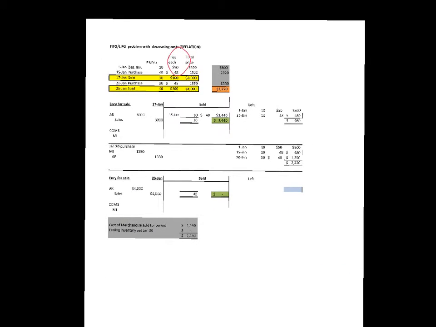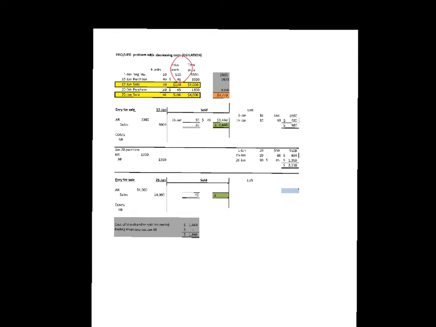So I'm basically pulling down the first two lines from here. I have 10 at 50, 10 at 48, I recopy it, and I purchased another 30 at 45, and so I add those. So now I have my new inventory layers of first the $50 ones, second the $48 ones, and third the $45 ones.